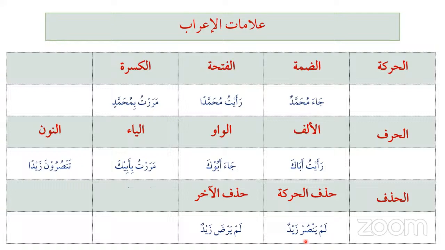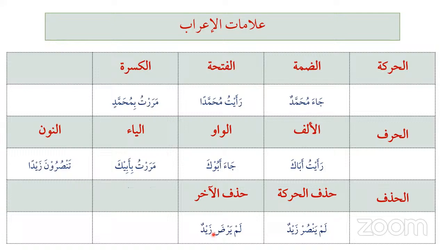So, lam yarda zaydun. Yarda, when we actually write it, is with a ya at the end and the kara zabar on the dad, which is known as alif maqsura. Lam yarda Zaydun was actually yarda, but when lam entered it, it omitted the end of the word, which is the ya, and the alif has been removed, so you're only left with a fatha, and you're going to say lam yarda Zaydun.